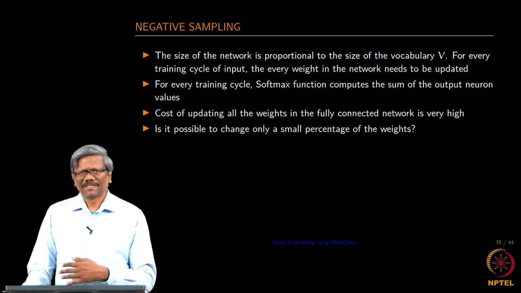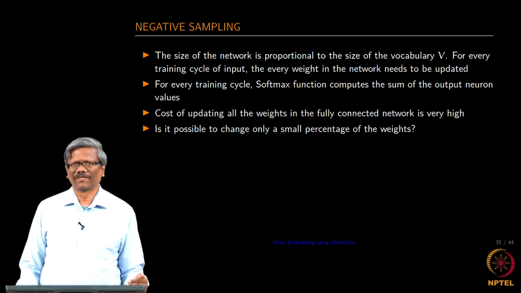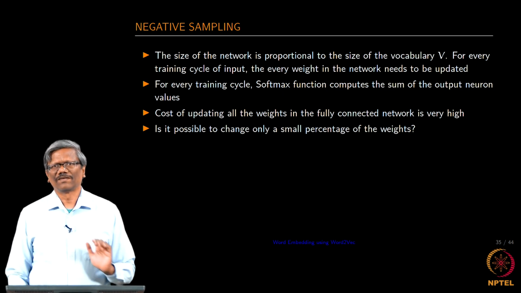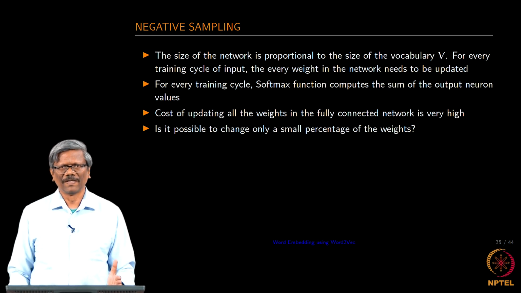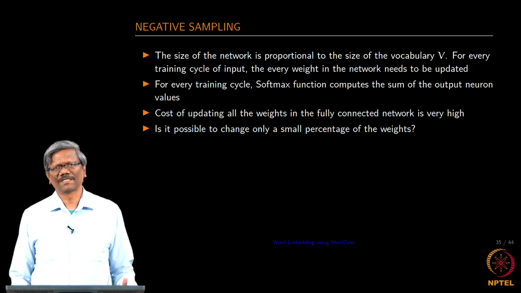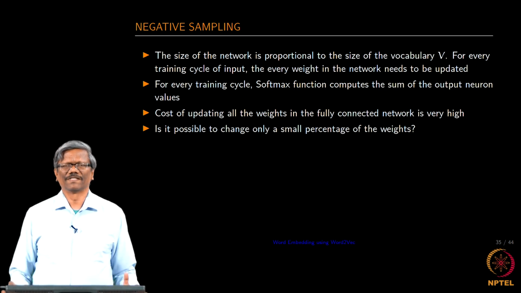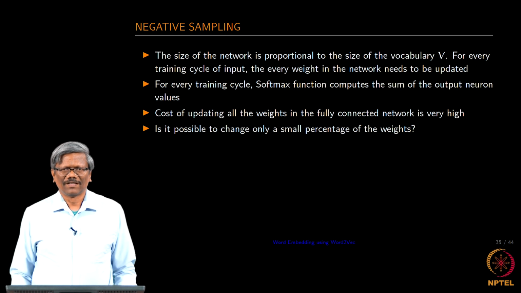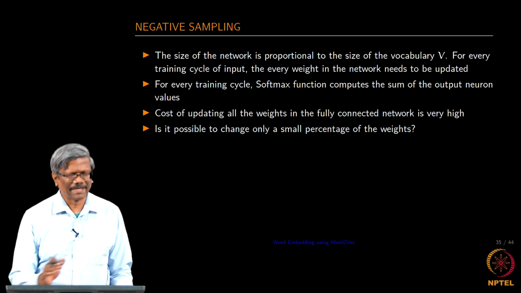For the rest of the words, there are some errors that happen, but they really don't impact the training when we train the set of context words and the target words, or when you use the input word in the skipgram model and try to predict the context word. The rest of the words don't really contribute anything to this. So can we curtail the updating of the weights by only choosing a certain number of weights to be updated? That's where negative sampling comes into play.